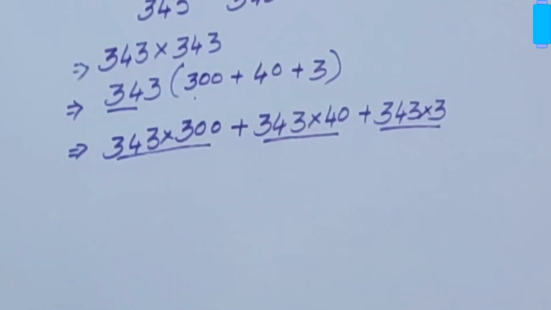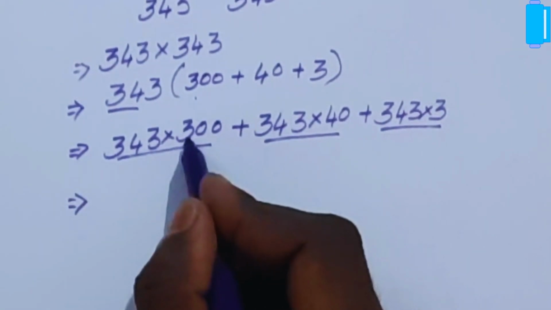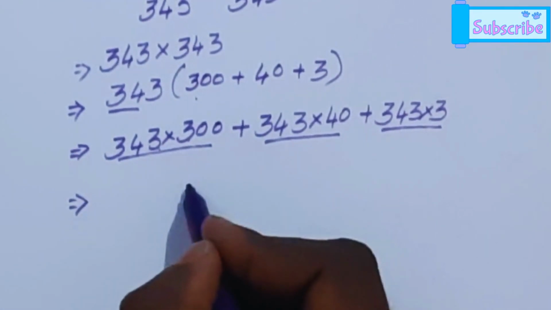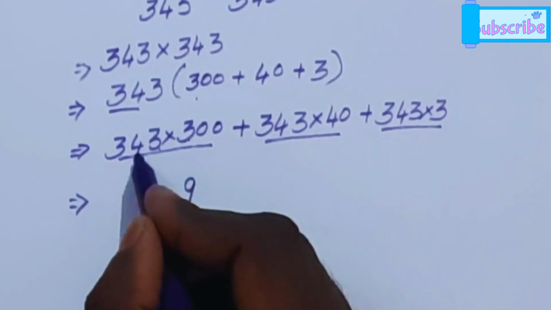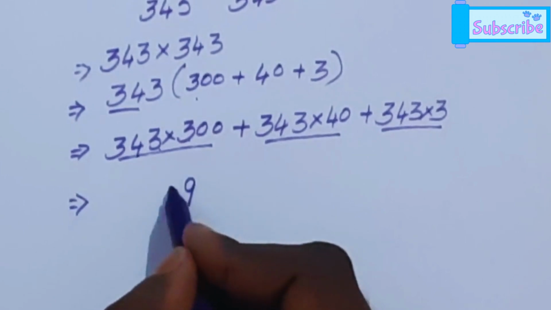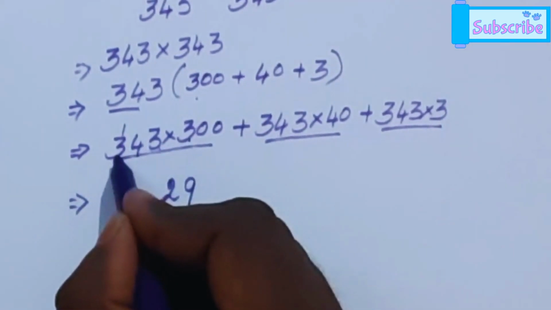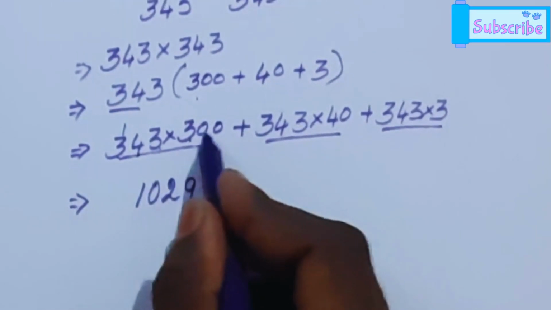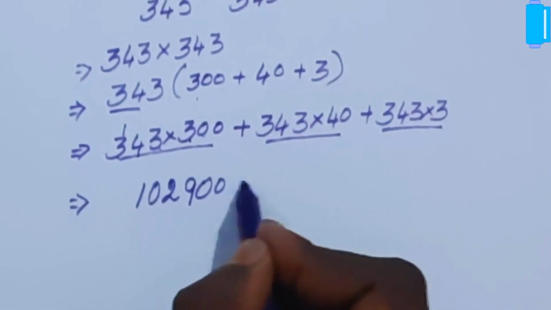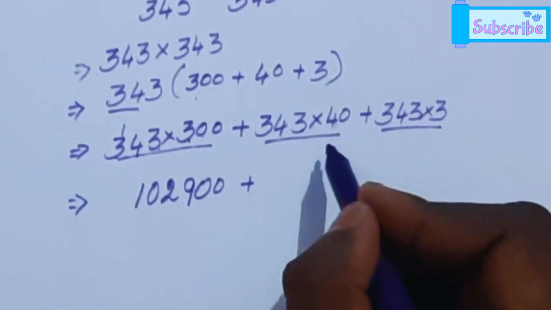So here 3 times 3 is 9, 3 times 4 is 12, 2 here, 1 here. 3 times 3 is 9 plus 1 is 10. This 2 zeros plus here 4 times 3 is 12.